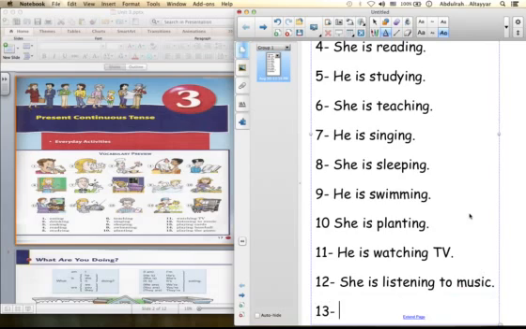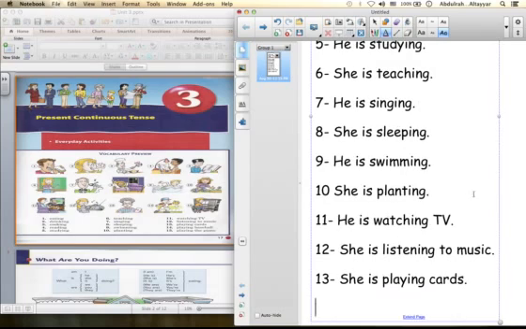Number 13, she is playing cards. 14, we can use what we call contractions or the combined sounds like he's.